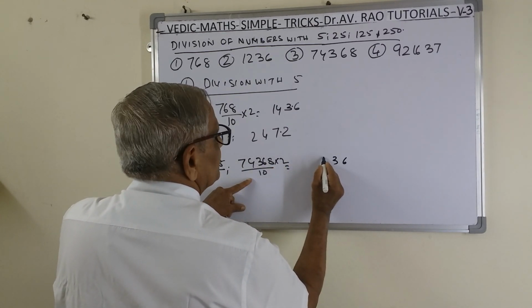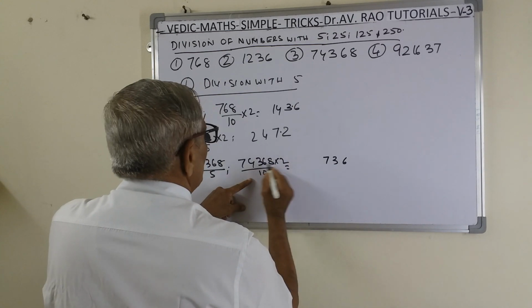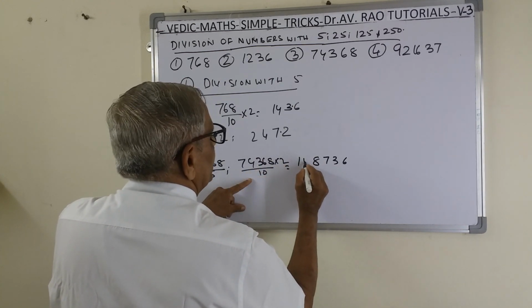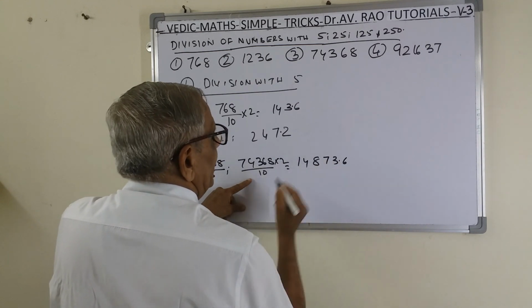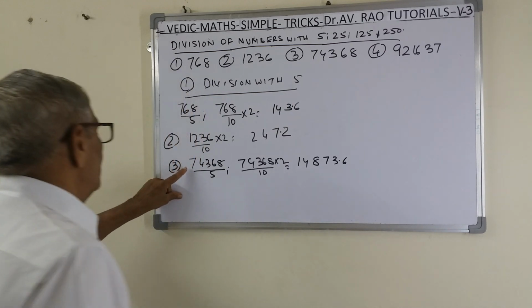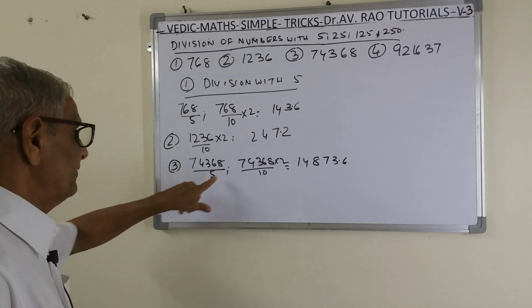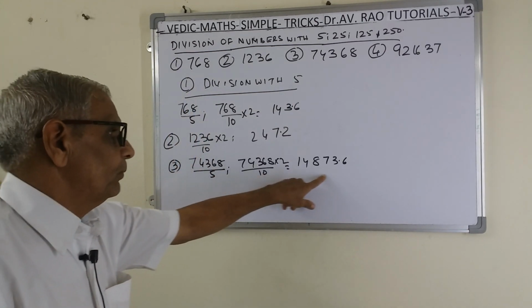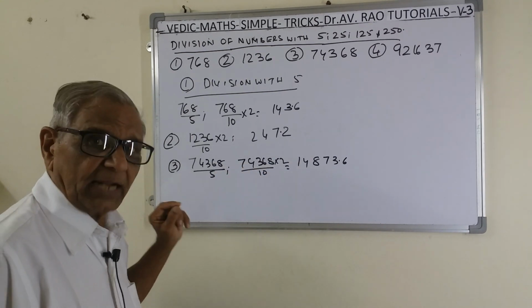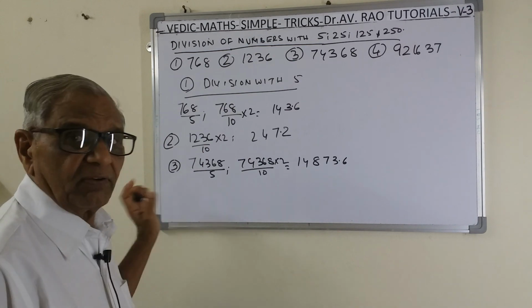So 2 3s are 6 and 1 is 7, 2 4s are 8, 2 7s are 14. Now put a dot after one digit from the extreme right. So this will be the answer. So easily we are getting it without carrying out the actual division. Simply we are getting it very quickly.